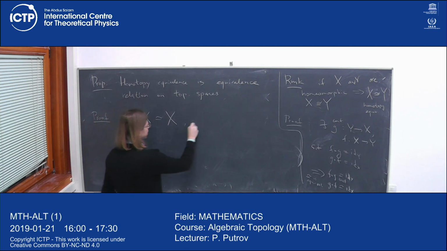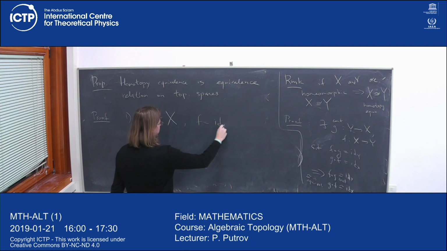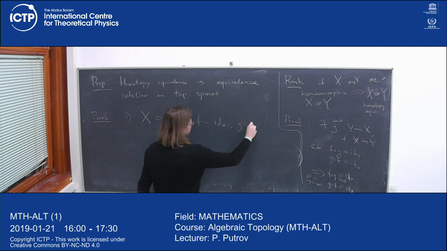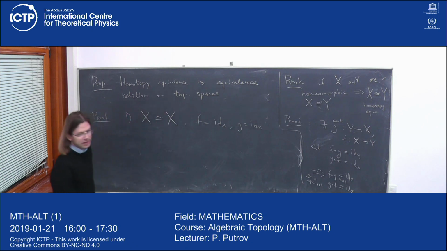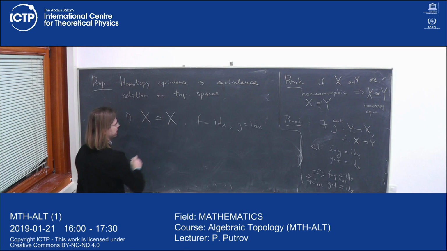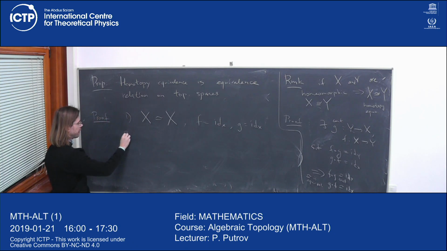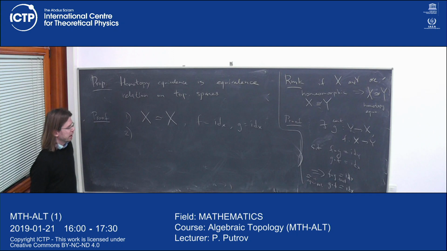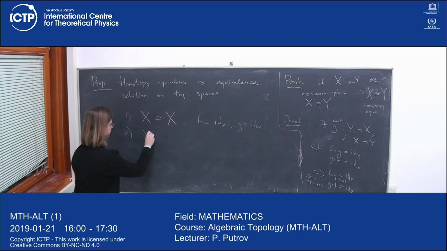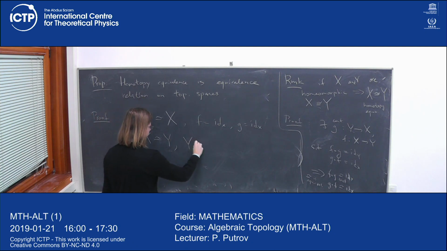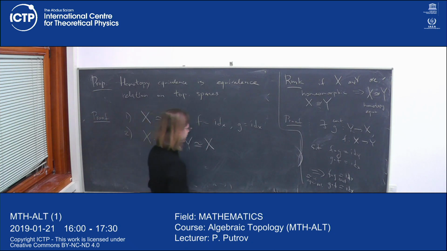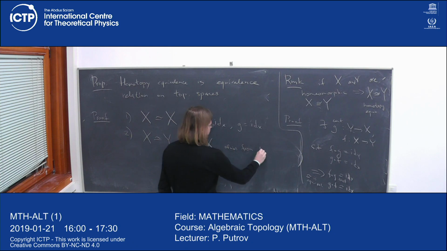So again, we can just take f to be the identity on X and g to be the identity on X, right? Second, we want to prove that if X is homotopy equivalent to Y, as in the definition, then Y is homotopy equivalent to X. Well, this is obvious from the definition.